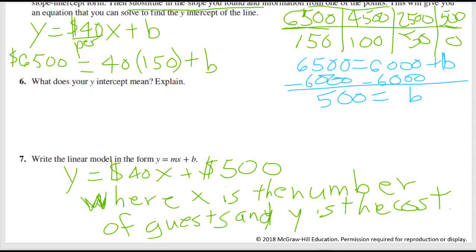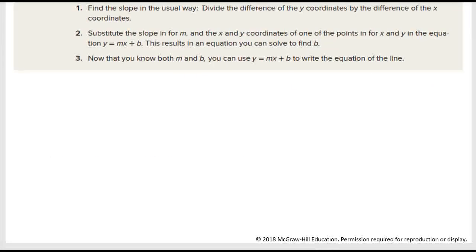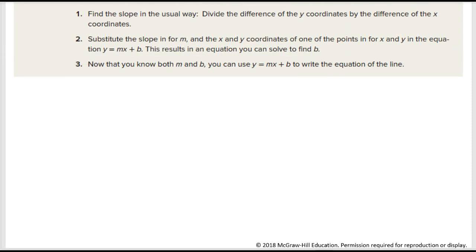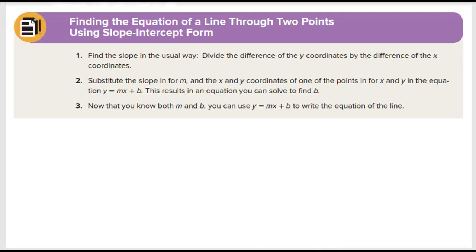On question 8, actually, before you go on to question 8, we have just a quick summary. Really read through this, but they're really just saying if you have a story where you're given 2 points, it's not obvious what the slope is, what the y-intercept is, but you have 2 things that are the same.